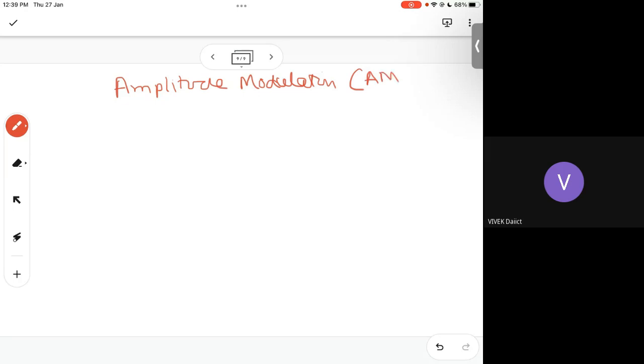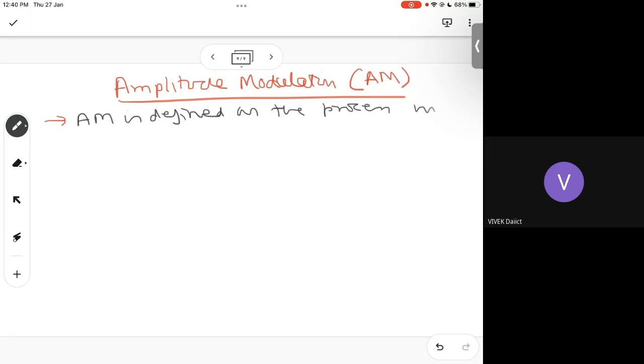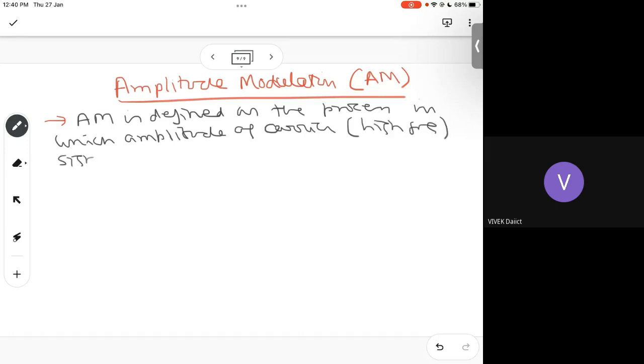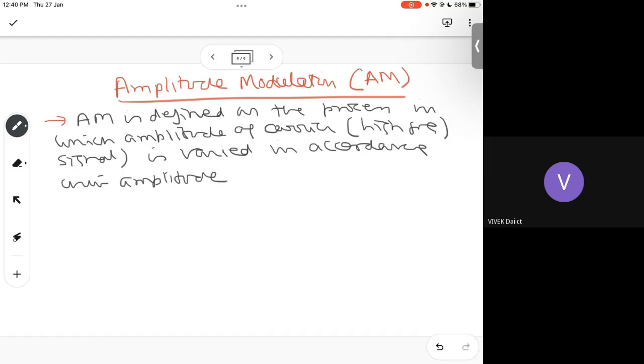AM. So I will use this word. Here I would say it is defined as the process in which the amplitude of a carrier, a high frequency signal, is varied in accordance with the amplitude of the message.